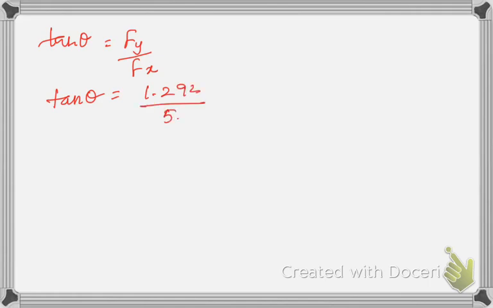Then I have to calculate my theta. So tan theta is equal to Fy by Fx, which is 1.292 divided by 5.917. So I'll be getting my theta value as 12 degree 30 minutes.